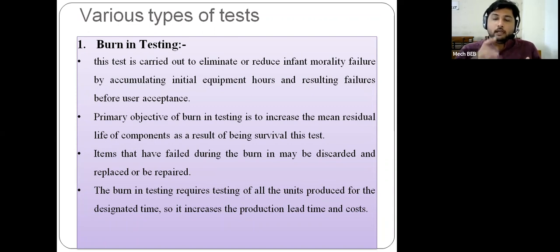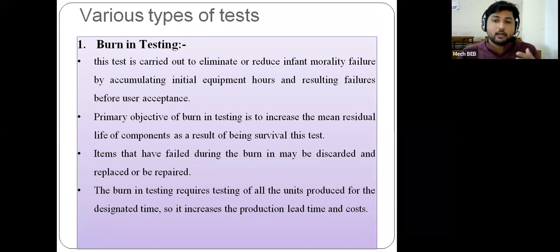If that particular product does not achieve the standard performance as per the norms or the policy of that particular company, then that product will be rejected. Those products that pass the burn-in tests are sold, or provided to the customer.